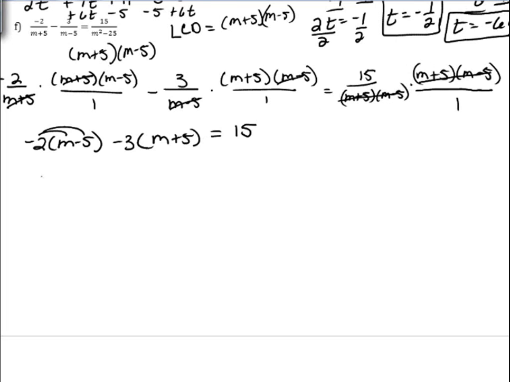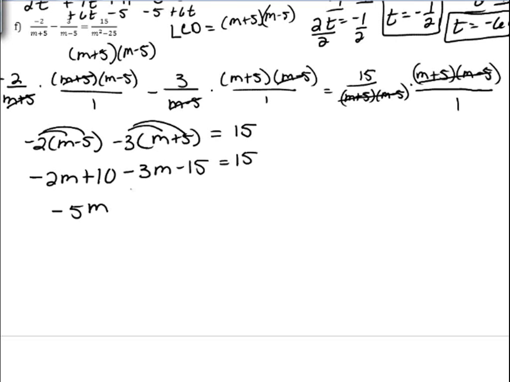We need to distribute the negative 2, giving us negative 2m plus 10, and then distribute the negative 3. That gives us negative 3m minus 15, and it's equal to 15. Combining like terms, we have negative 2m and negative 3m, that's negative 5m.